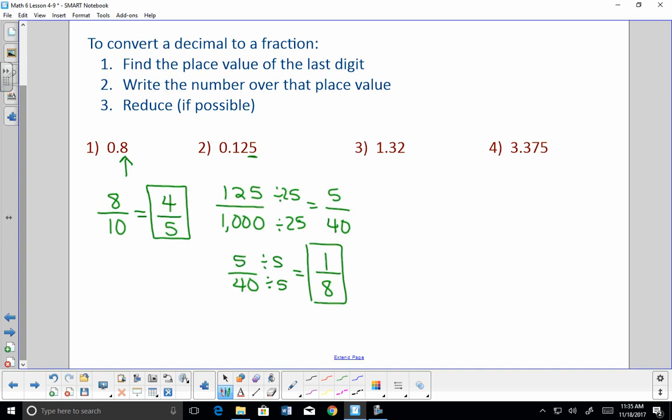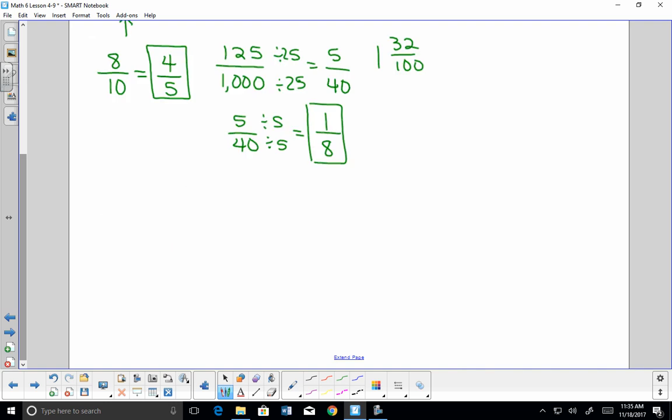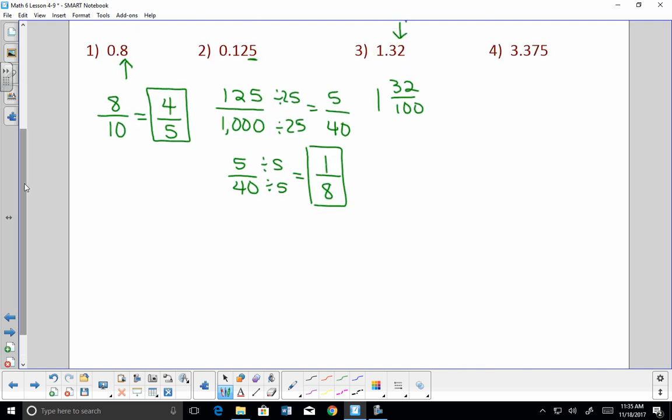1.32. This is 1 and 32 hundredths because the 2 is in the hundredths place, so this is 1 and 32 over 100. The 1 can stay, but I need to reduce the 32 hundredths. So I'm going to take the 32 over 100 and reduce that.